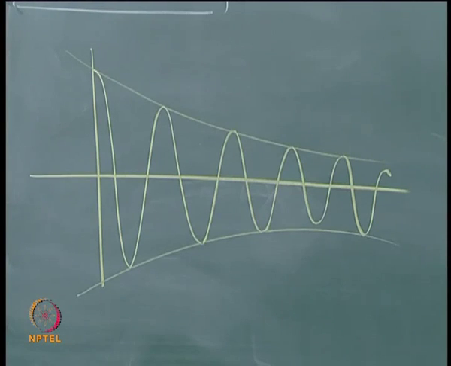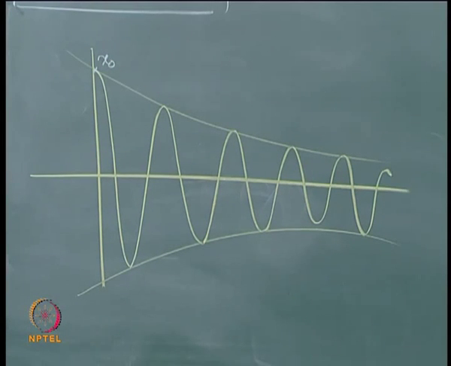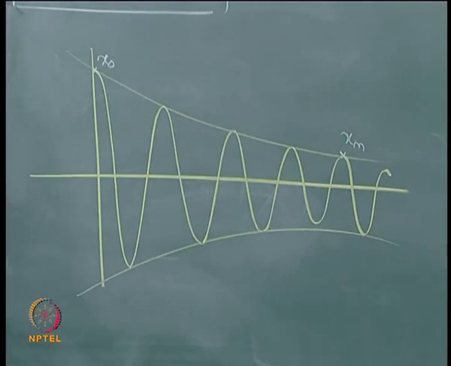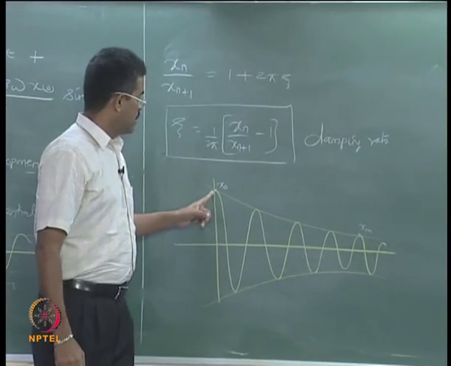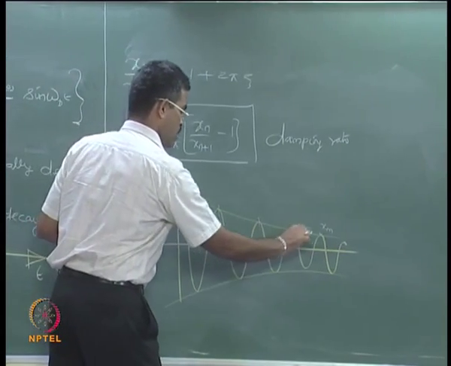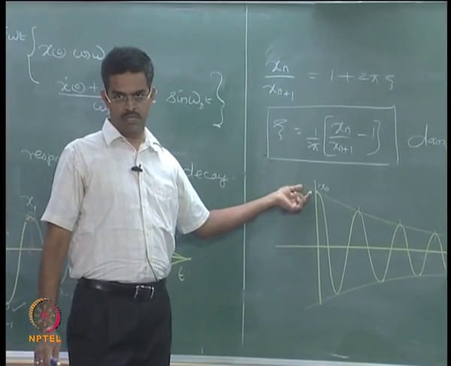I am picking values as x0 here and xm here, some peak. Here I am comparing successive peaks. Here I am comparing n number of peaks where n will be equal to 1, 2, 3, 4. I am picking the fourth peak from the reference peak.